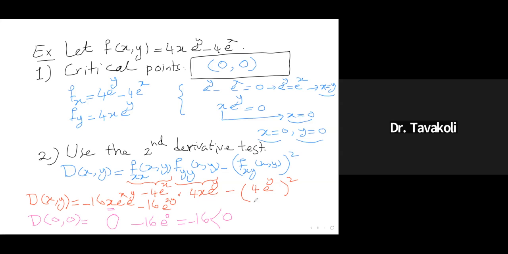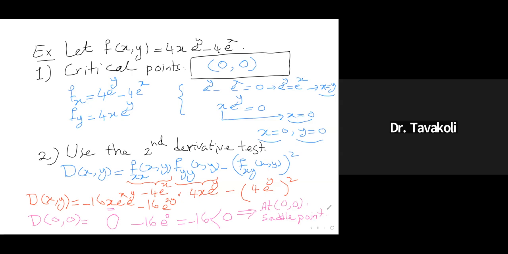And once D at the critical point is negative, it says that according to the second derivative test, at (0, 0) we have a saddle point. So we have no local max, no local min in this example, only one saddle point.